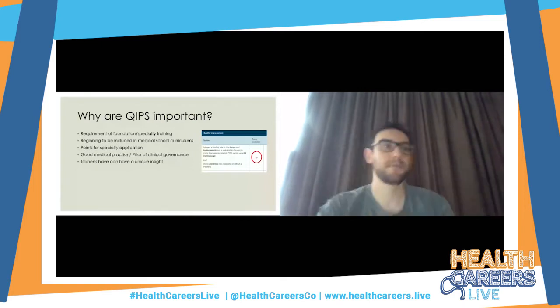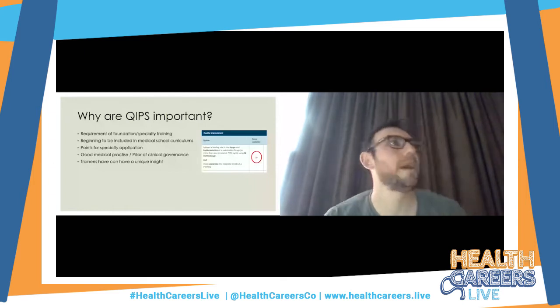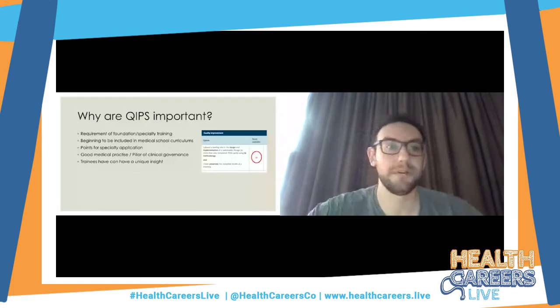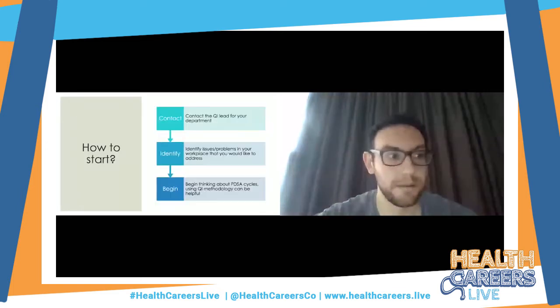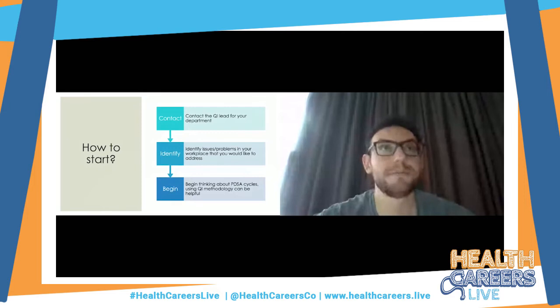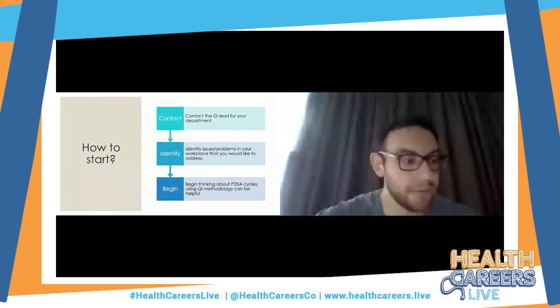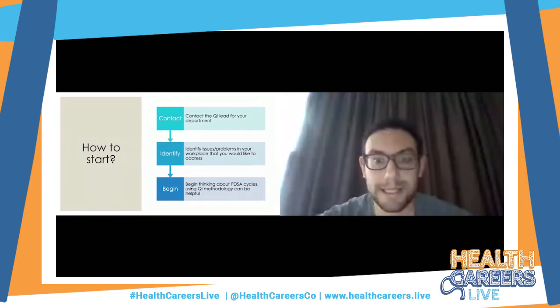Cool. So how do we start with a QI project? It all depends on what level you're at. So if you're at medical school and there's a module, then that'll all be introduced to you and you'll find a lead. But at the F1 level, at the foundation level, if you're interested in getting involved, pretty much every department has a QI lead, and that's going to be a consultant.